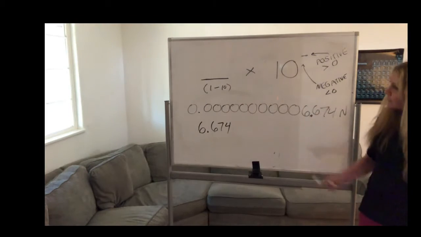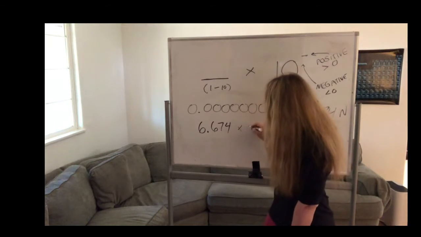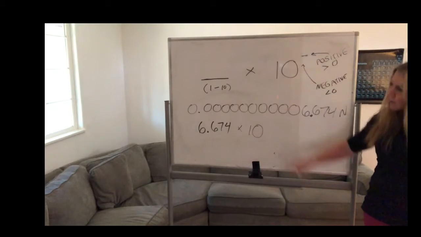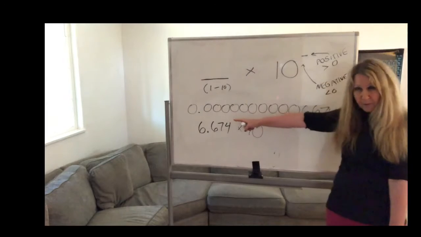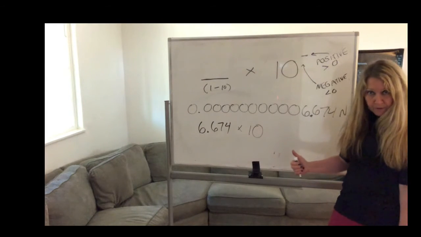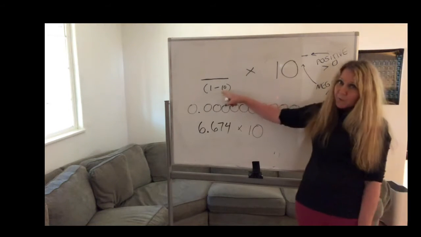Now we're going to multiply times 10, and I have to put an exponent here. Now I had to move this decimal 11 places to the right to actually get to a number between 1 and 10.